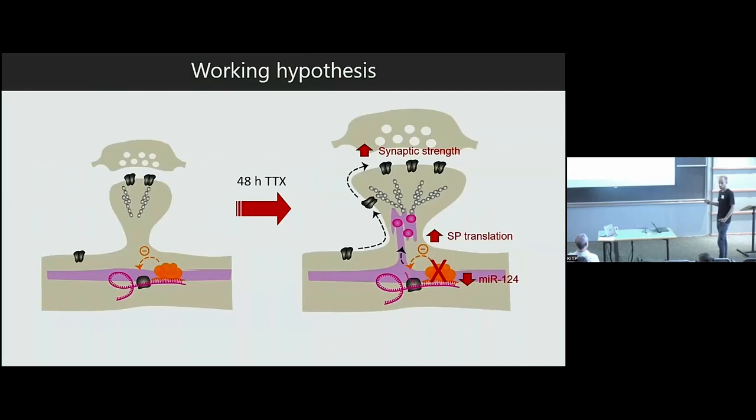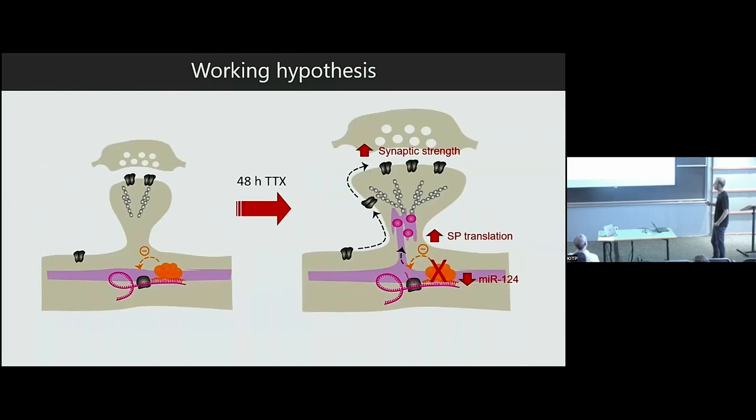There's no spine apparatus. But they have in their proximity the messenger RNA for synaptopodin bound to microRNA 124. So they are deprived of synaptopodin, but ready to express synaptopodin under a specific stimulation.